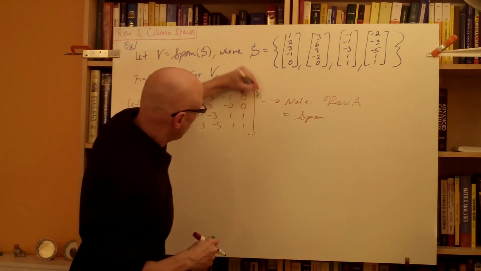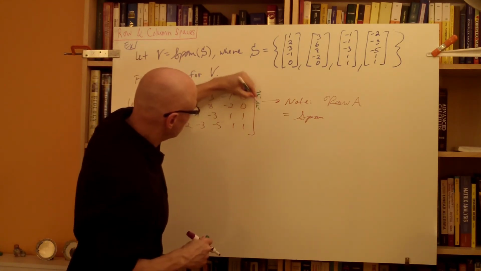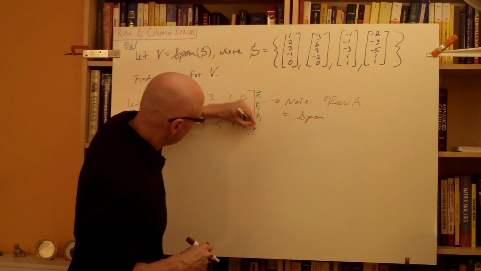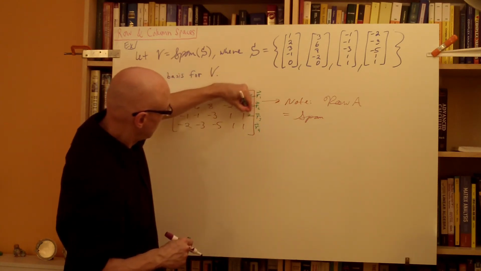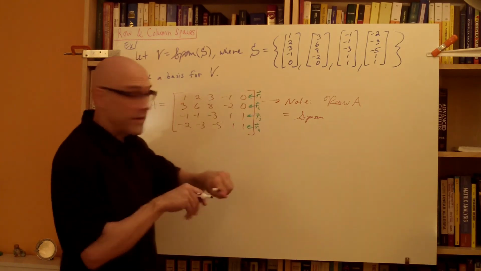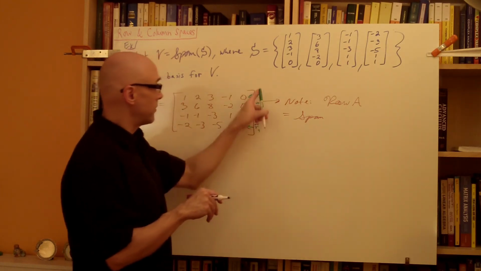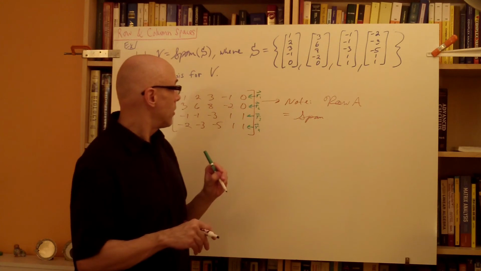Here we have row 1, row 2, row 3, row 4, and by definition the row space of A is the span of the transposes of R1 through R4.